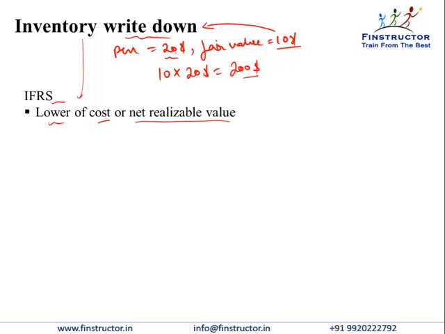What is net realizable value? It is the selling price minus any commissions or selling costs that we need to incur. If the cost of inventory is higher than the net realizable value, then inventory must be written down to the net realizable value. In this case, let's say $10. That is what I can realize today. And correspondingly, a loss must be booked in the income statement.